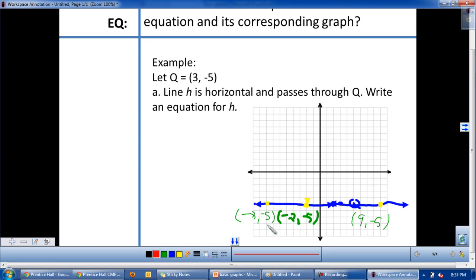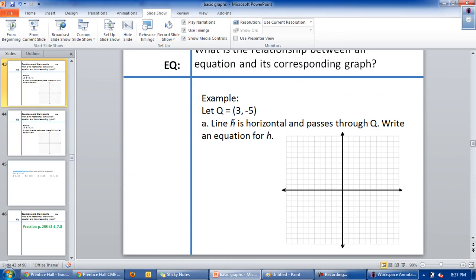Hopefully you saw that all of the y coordinates, or the y values, are equal to negative 5. Well, how can we write an equation that says all of the y coordinates are equal to negative 5? That is our point tester, or our equation. Pretty simple? Cool. All right, well, let's do another one.